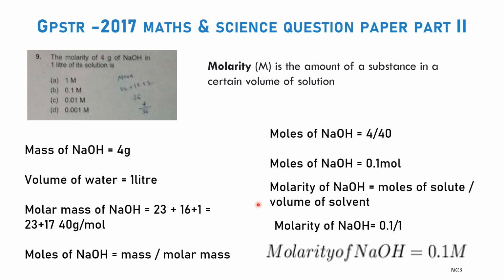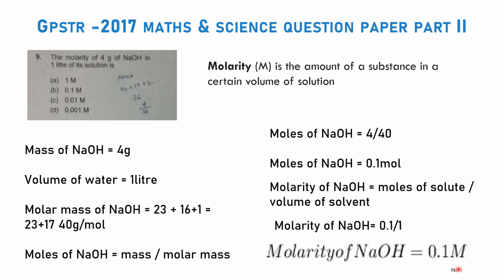Then the next step is to calculate the molarity. Molarity of sodium hydroxide, this is the formula you have to remember: moles of solute divided by volume of solvent. Moles of solute here is 0.1. The volume of solvent is already given, 1 liter. 0.1 divided by 1, you will get 0.1 molar.